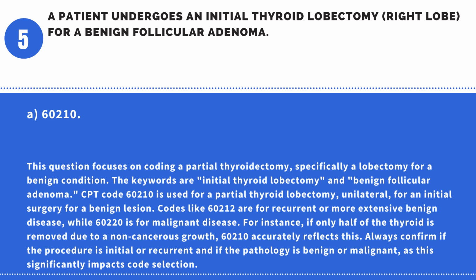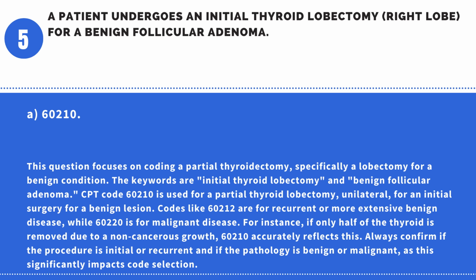60210. This question focuses on coding a partial thyroidectomy, specifically a lobectomy for a benign condition. The keywords are initial thyroid lobectomy and benign follicular adenoma. CPT code 60210 is used for a partial thyroid lobectomy, unilateral, for an initial surgery for a benign lesion.